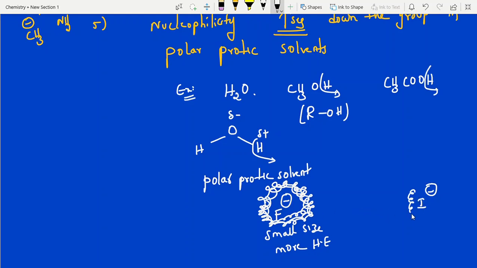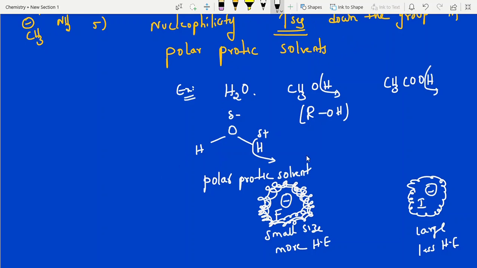The I minus is also hydrated, but lesser. Large size, less hydration energy. So it will move a little faster compared to fluorine in aqueous condition, that is, in polar protic solvents. That's the reason nucleophilicity increases down the group.